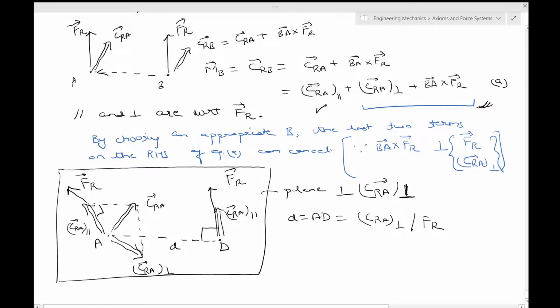So CRA perpendicular will be FR into D. So by choosing an appropriate B, the last two terms on the RHS of equation A can cancel.